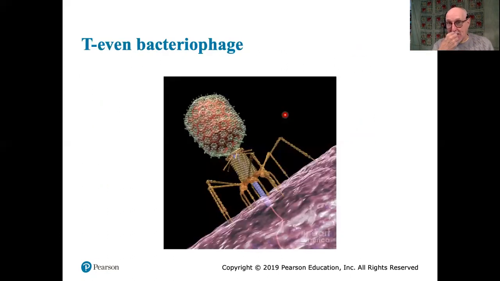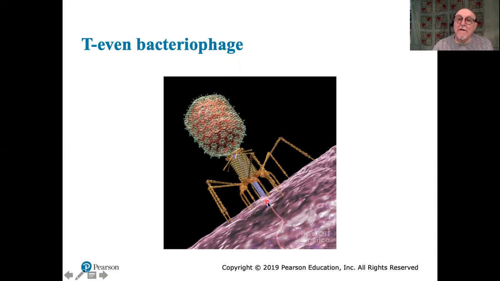So here is a typical bacteriophage. You'll recognize the structure because this is a complex virus. So here's the capsid there. There's the sheath. Here are the tail fibers. Here is the tube that I told you about, which we didn't see before.